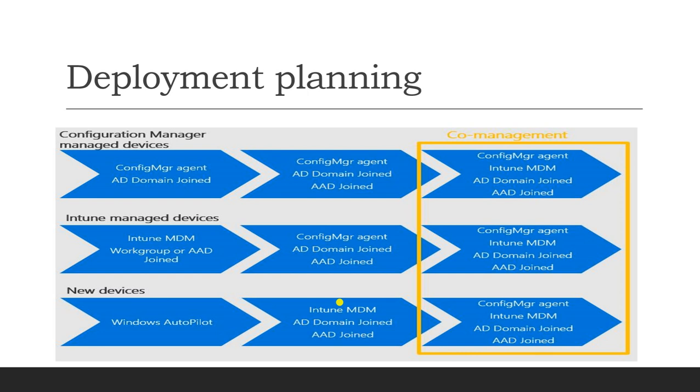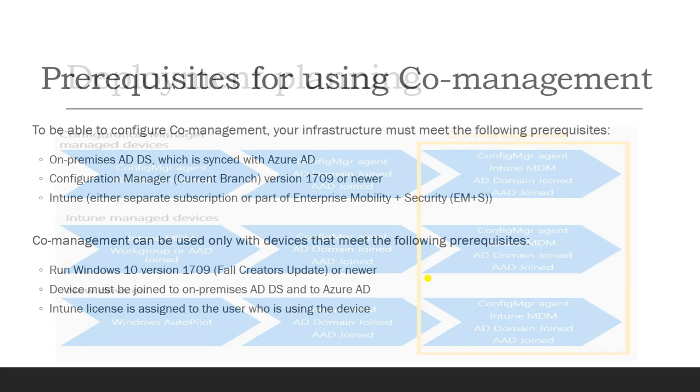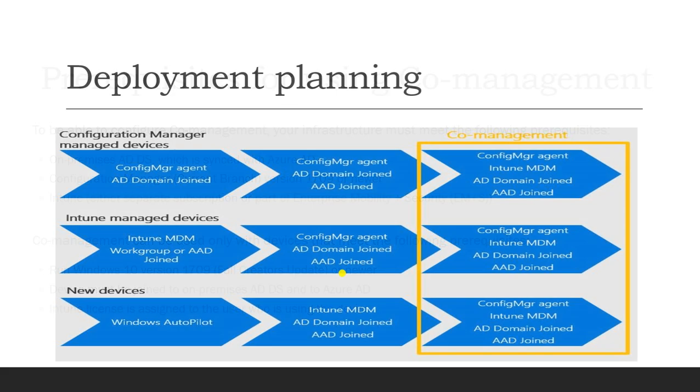Then you should join that machine to Azure Active Directory. Once you join that machine to Azure Active Directory, it will have the Config Manager client, Intune MDM, domain joined and Azure AD joined. Then it will be co-managed.